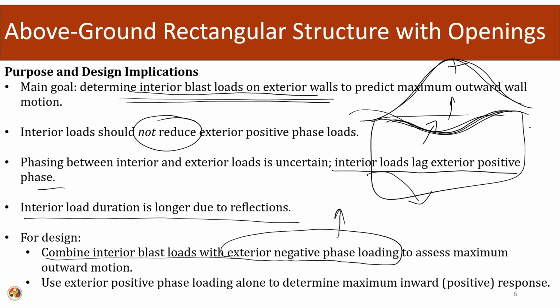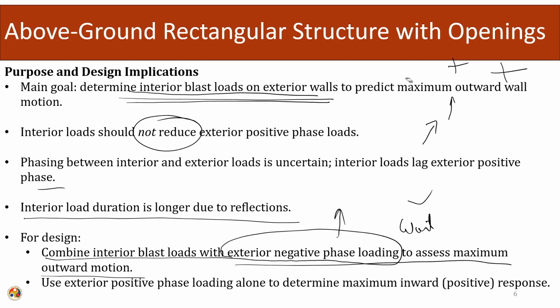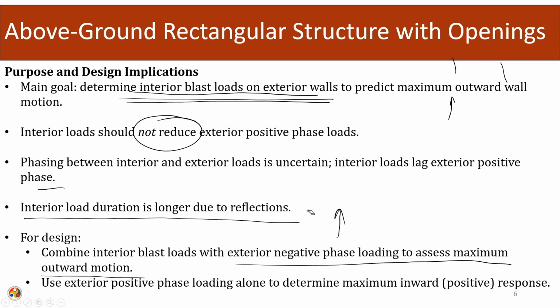What we do is take the interior positive phase and augment it with the exterior negative phase to assess the maximum outward motion. So, this is the worst case scenario, and we need to understand this. A blast loading is acting. Let us say there are two cases.